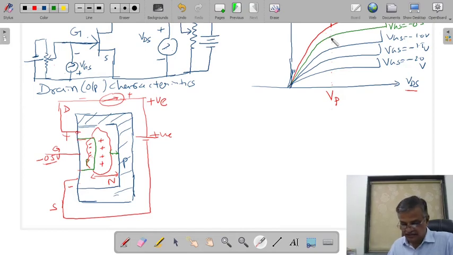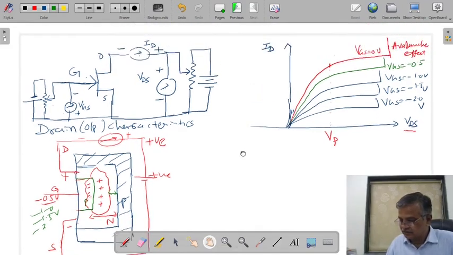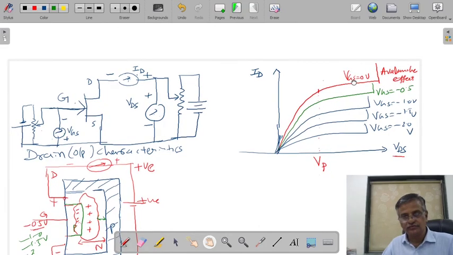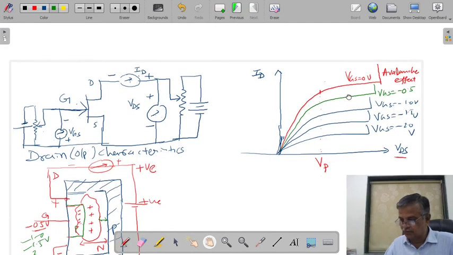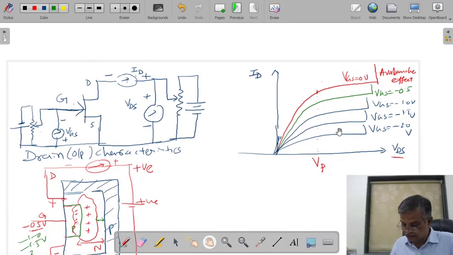So again, as you increase this voltage, minus 1, minus 1.5, minus 2 volt, you can see here VGS is 0, minus 0.5, minus 1, minus 1.5, minus 2 volts, which means your drain current decreases.